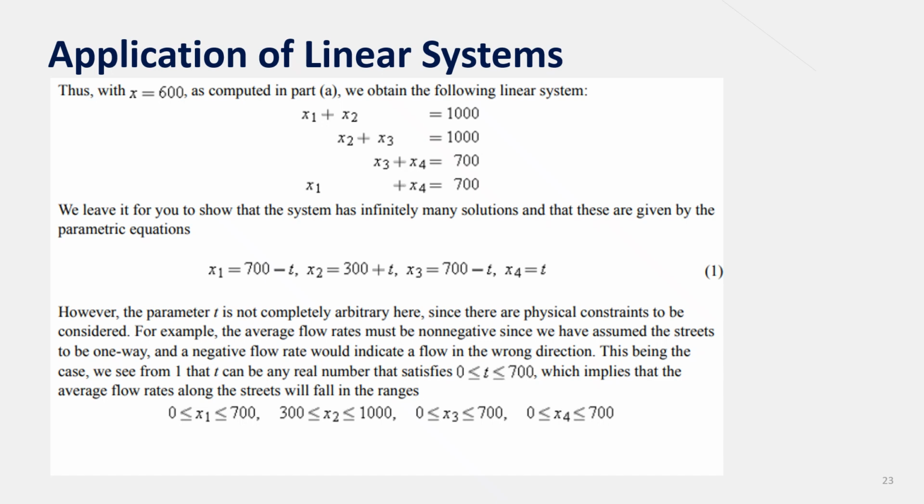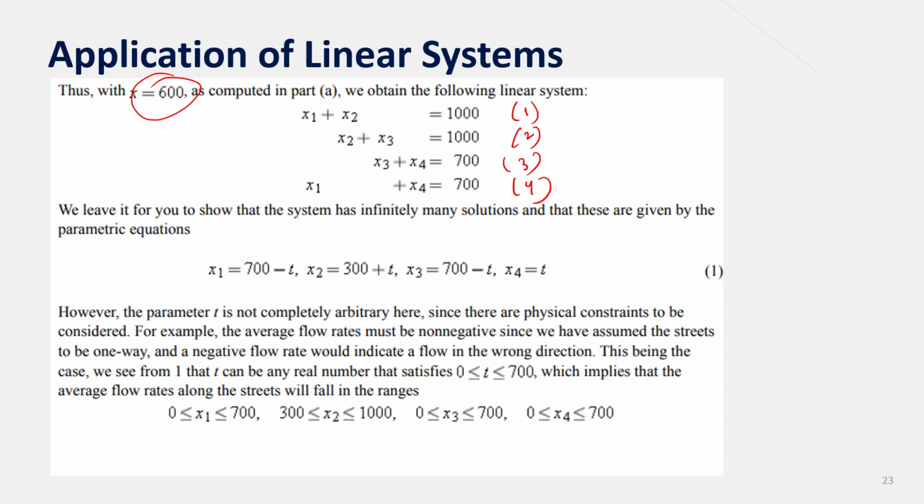If we put back x equal to 600, which we calculated earlier, then we have x1 plus x2 equals 100 for equation 1, x2 plus x3 equals 100 for equation 2, then equation 3, and equation 4.